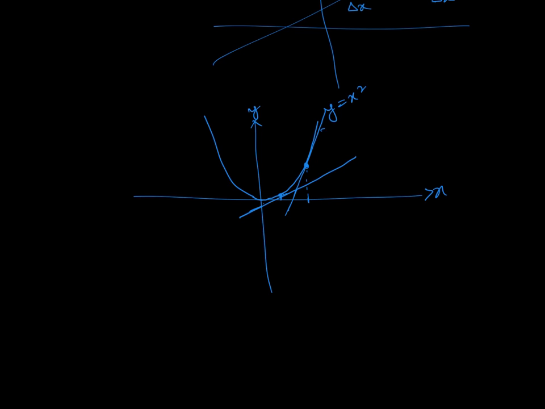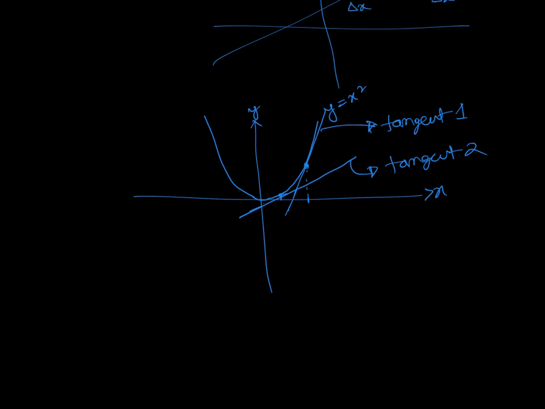So let's say this is tangent 1 and this is tangent 2. Both of these tangents have different slopes or gradients. So we can conclude that a non-linear curve would have different gradients at different points.